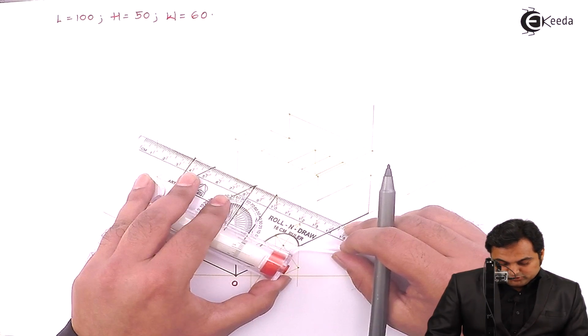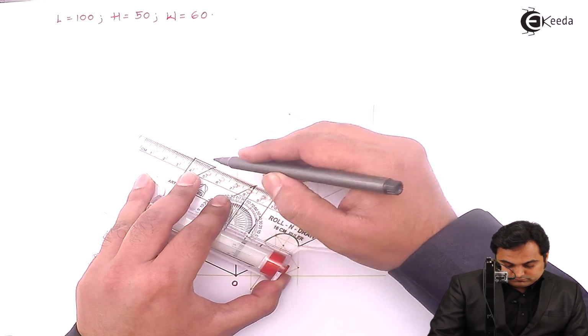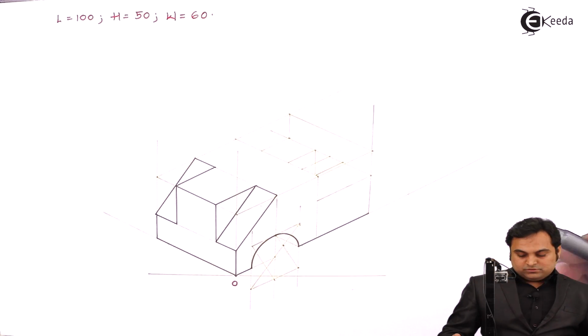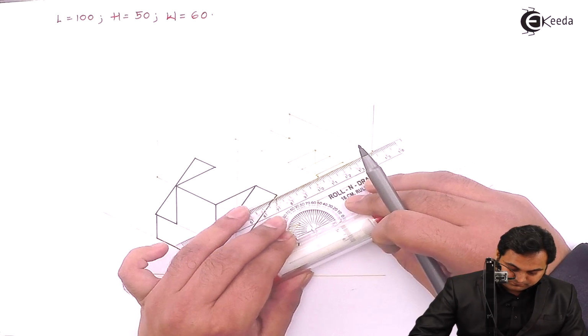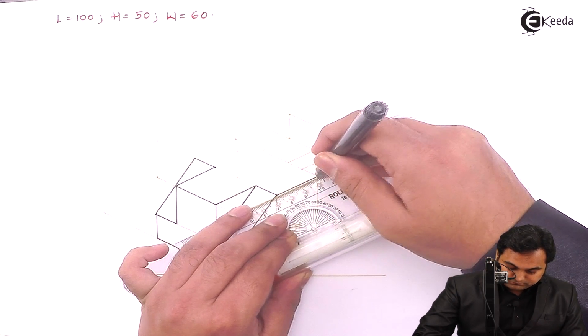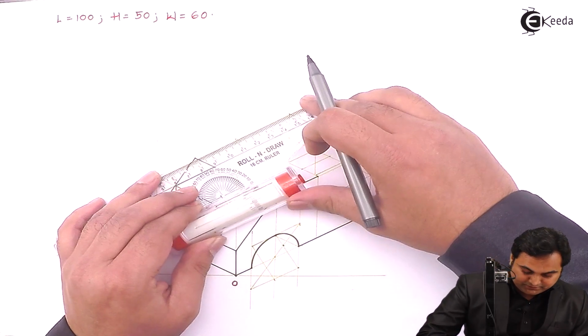Then the two rectangular portion, next again there is a dark line. From the other side as well.